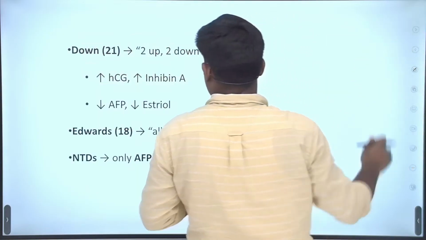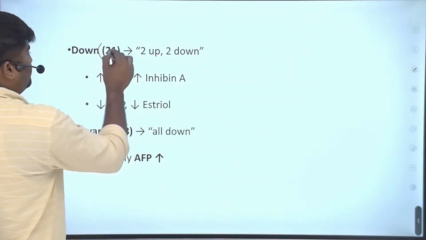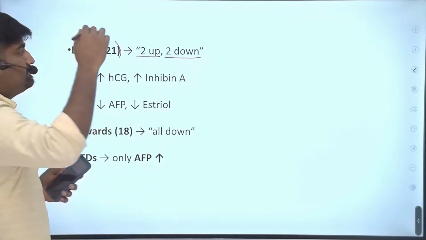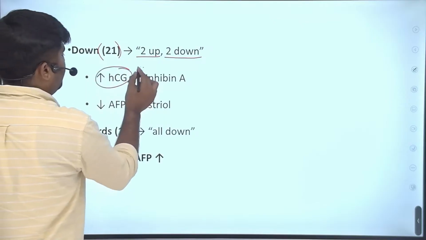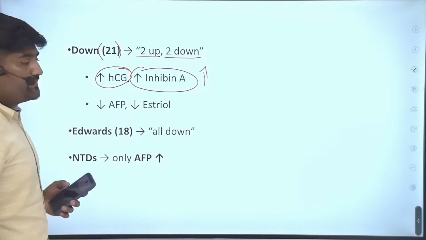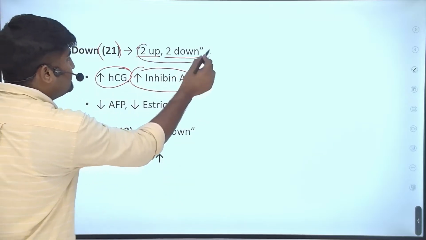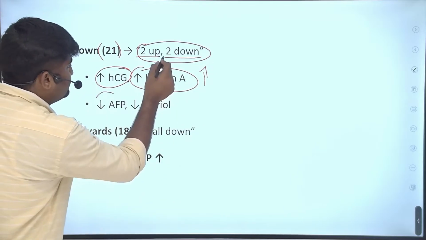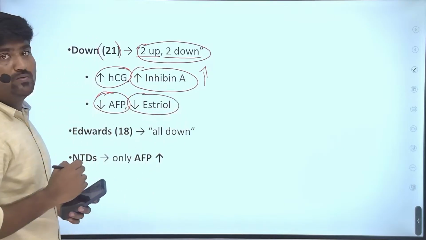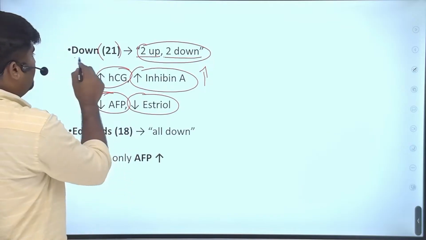If it is Down syndrome, two will be up and two will be down. What are the two things that will be up? HCG and Inhibin A will be high. What are the two things that are down? Alpha fetoprotein and estriol will be low. Then it is called Down syndrome.